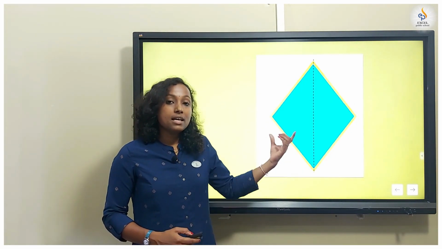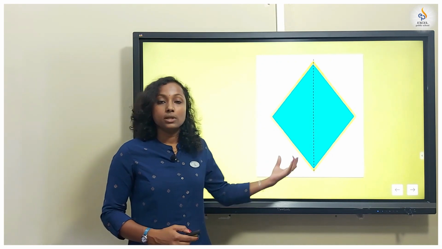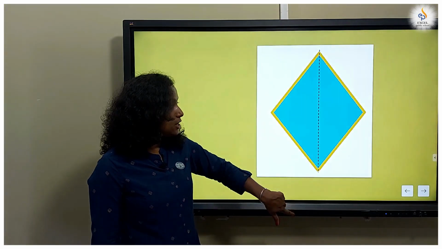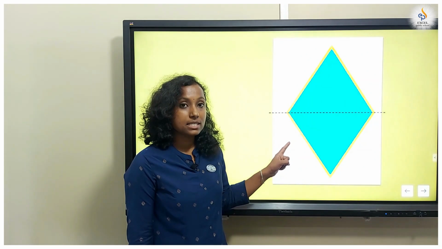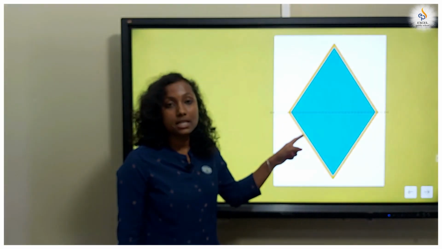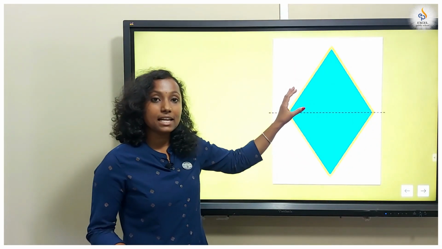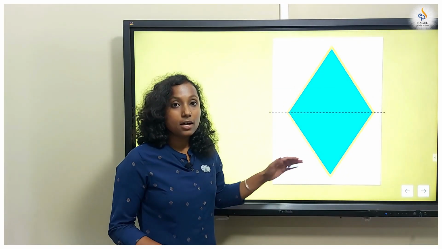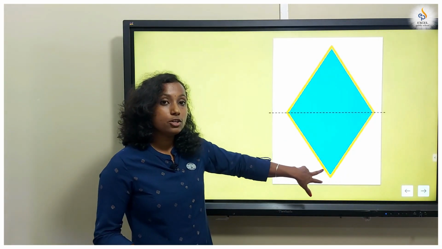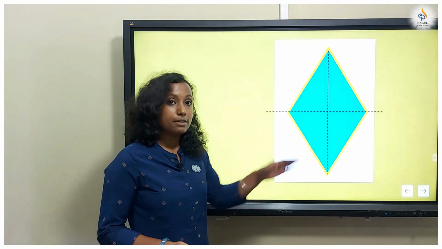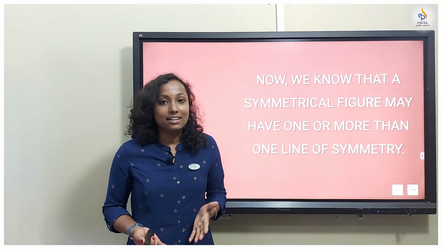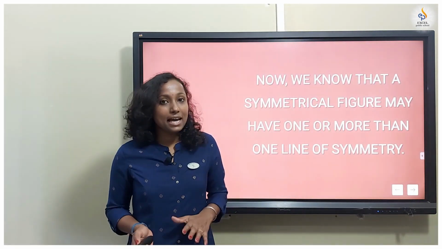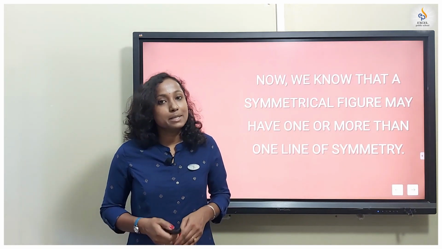That's because this half is exactly equal to the other half. Can I draw a line of symmetry like this? Yes. Now you can observe that this half is exactly equal to the other half. It means that I can draw two lines of symmetry for this image. Now we know that a symmetrical figure may have one or more than one line of symmetry.